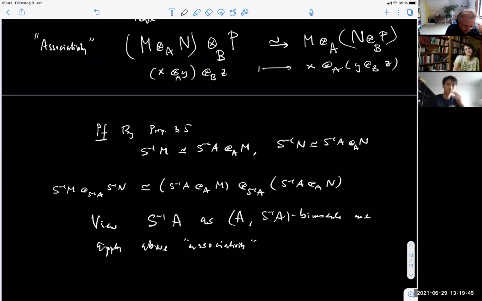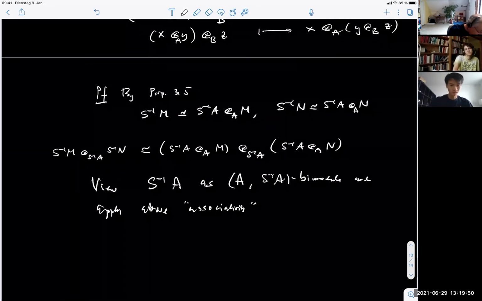Okay, so this is the B module. There's nothing fancy about it. Okay, so what do I have? M tensor. So I hope I'm not making it too complicated.